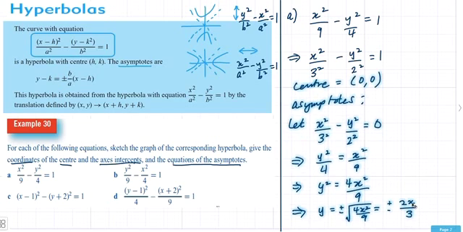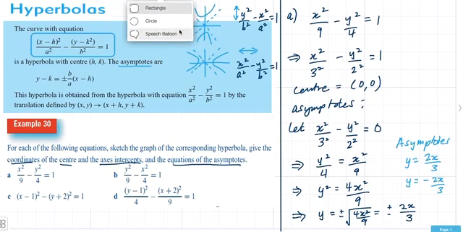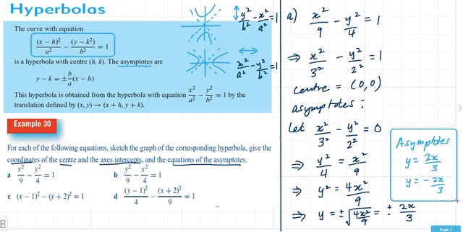And I'll just put them in a box here in light blue, just so it's all in one place. So my asymptotes are going to be y equals the positive and y equals the negative 2x on 3. So they're my asymptotes. So the key information here is in the blue boxes, that and also this. So with these bits of information we can actually sketch.